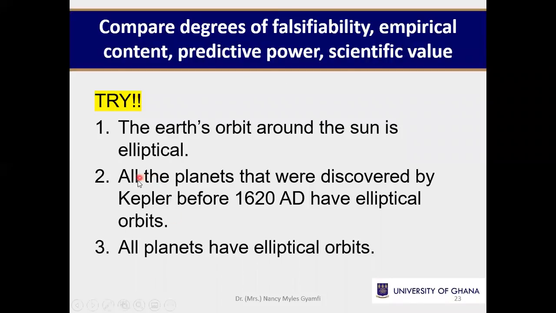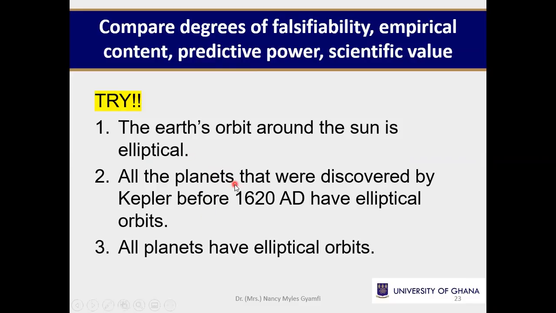Now, 2 will also have more empirical content than 1, because even though 1 and 2 are both verifiable statements because they have a finite reference class, 2 talks about the planets. Even if there are only 2 planets there, it will still be more than the Earth, which will be what? Only 1 planet.